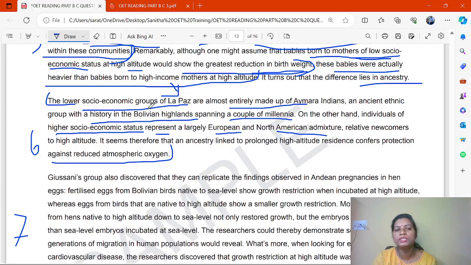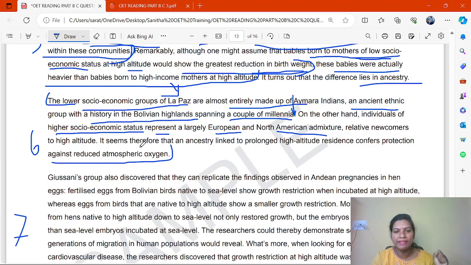In this passage, they are saying the lower socioeconomic groups of La Paz are almost entirely made up of Aymara, an ancient ethnic group with a history in the Bolivian highlands spanning a couple of millennia. They are the inhabitants of this area. On the other hand, individuals of higher socioeconomic status are largely European and North American, relatively newcomers. They are the immigrants; they migrated to this area.